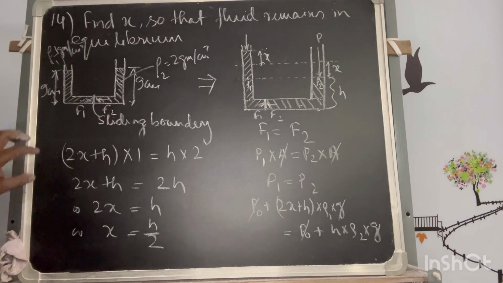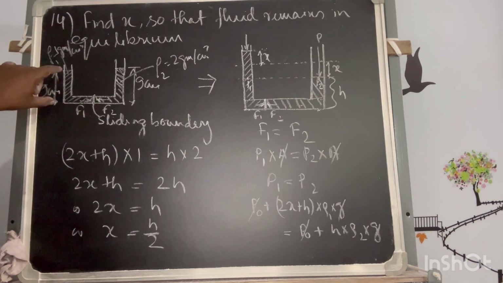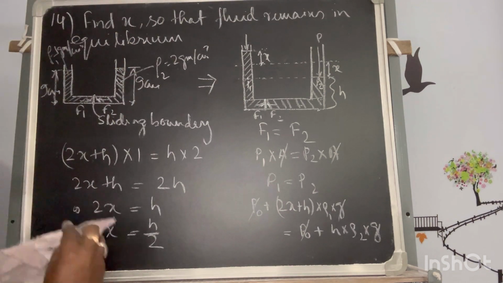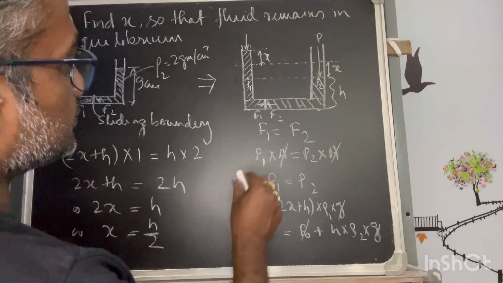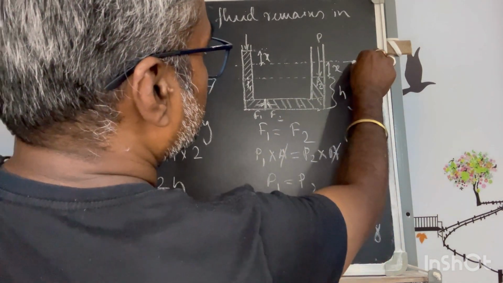Now initially this is your 9. Okay, so instead of putting it in form of h, rather up to this was 9.